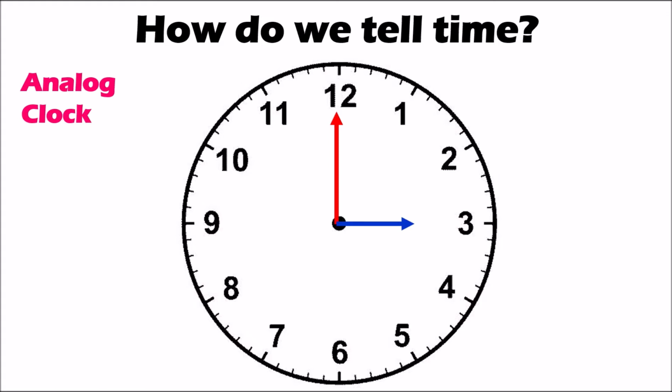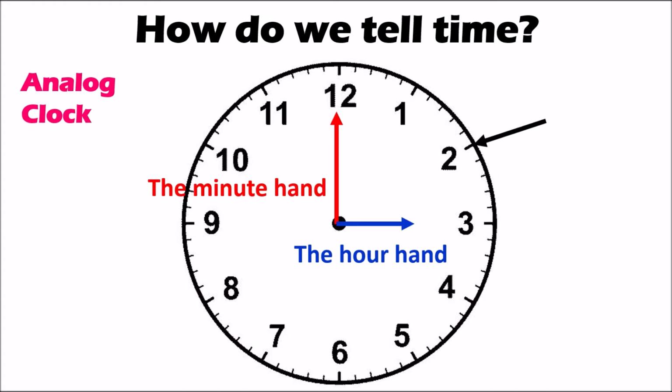That's the one that keeps moving around and around, and that's the seconds hand. But don't worry about that one. For now, we have the hour hand and the minute hand. So we have 2 main hands that we have to focus on.